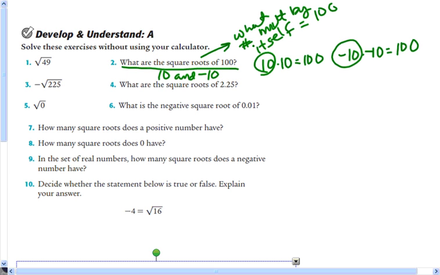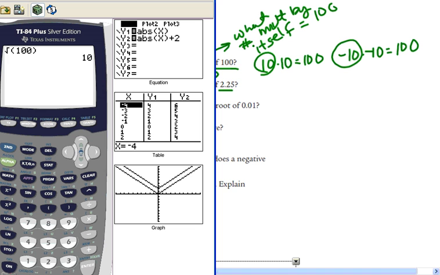Number 4 says, what are the square roots of 2.25? If you knew how to write that as a fraction, you could figure this out, but for this problem, I'm just going to go to my calculator and find the square root of 2.25. Now remember, it says the square roots, so we're looking for both square roots. One of them is simply the square root of 2.25.